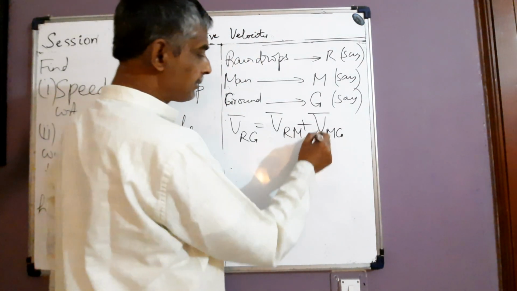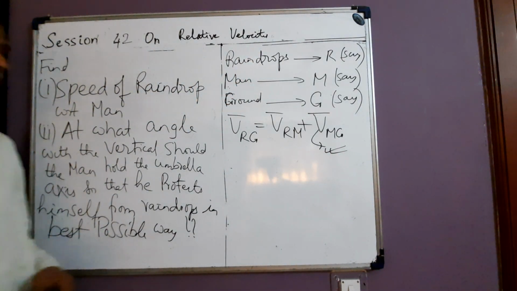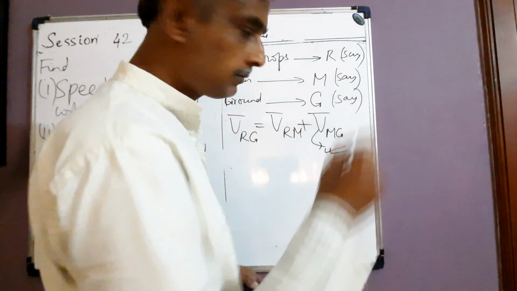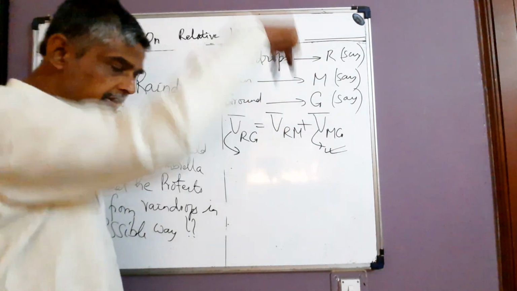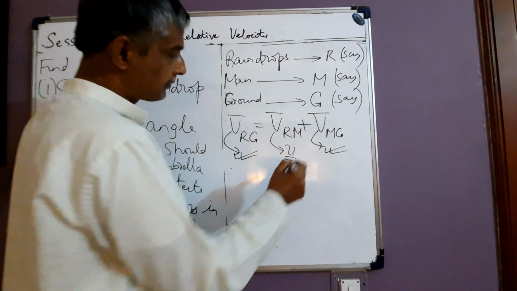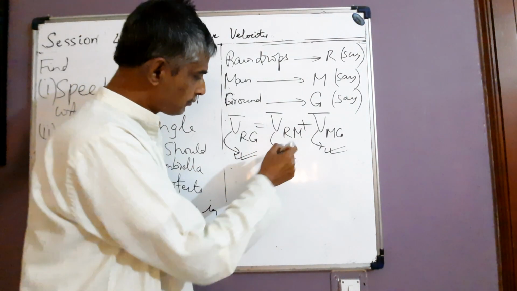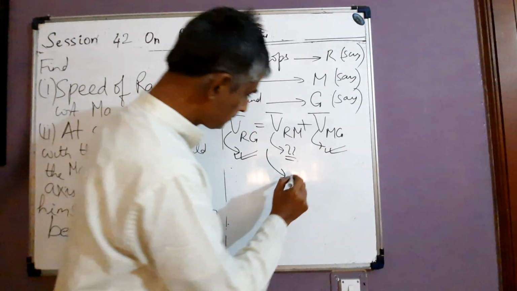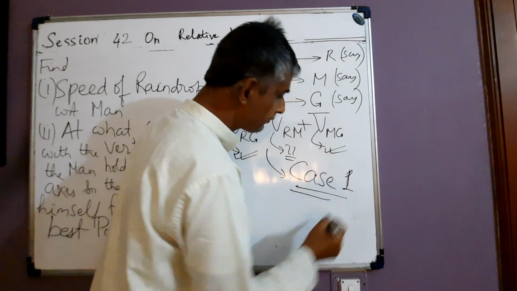Now for VMG, complete information is given: 3 km per hour rightward. VRG also has complete information: 4 km per hour in vertically downward direction, and nothing is specified about VRM. So we have to find this VRM. So it's a problem of case 1, you can see it.